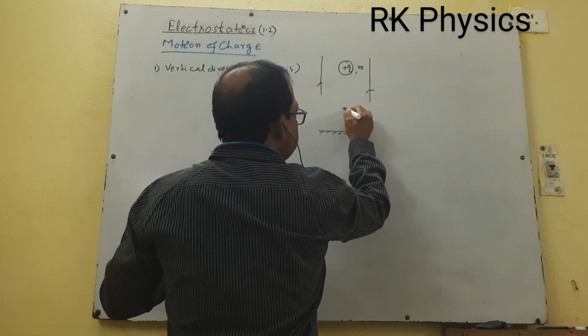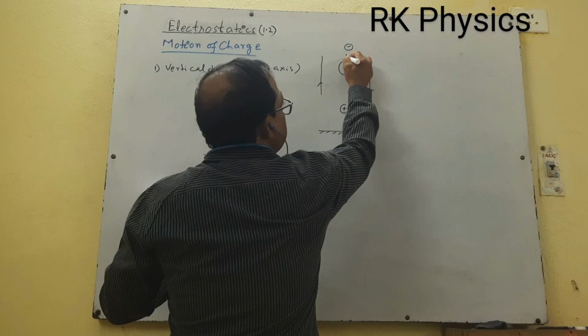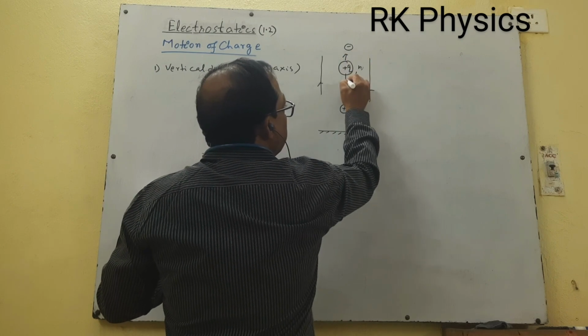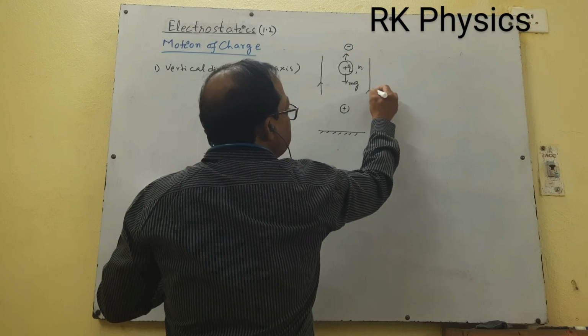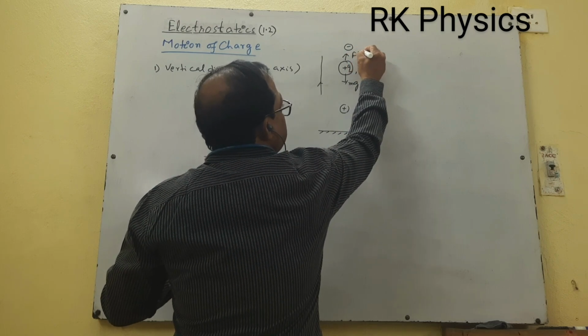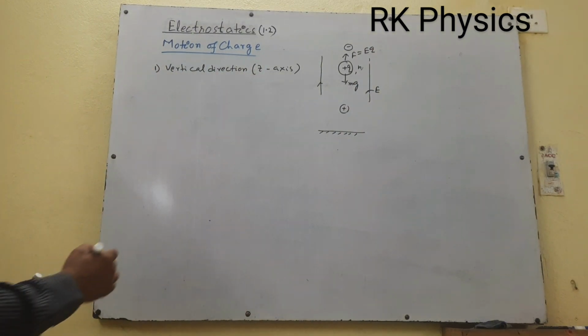Electric field direction is from plus to minus, therefore plus repulsion. And weight of the body is mg. So if this is the electric field E, then you can write F equal to EQ. So this is the electrostatic force.